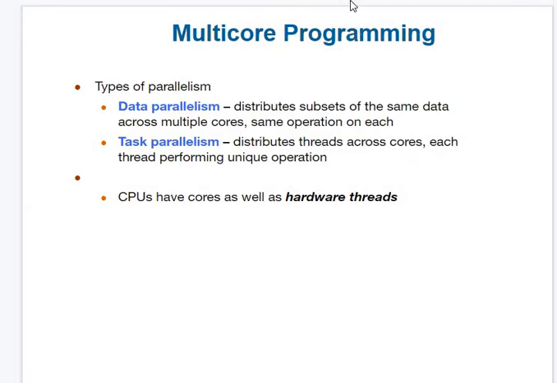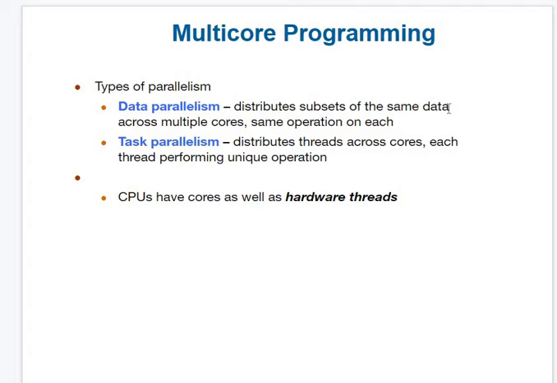Okay, so next, multi-core programming. This concept I have kept only to help with the next diagram. Next, data parallelism and task parallelism. Data parallelism means the data is shared between two or three processes.